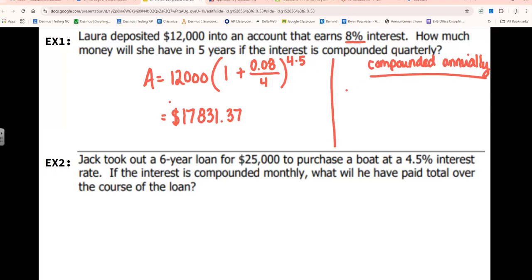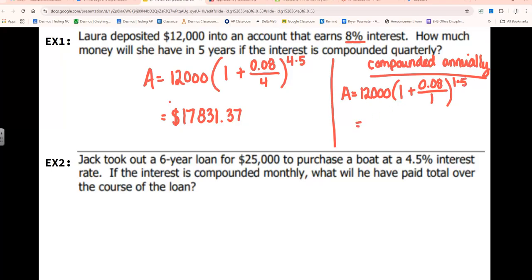Because if we use compound interest, we'd have 12,000, and we do 1 plus 0.08. And if I'm just compounding annually, how many times per year is that? It's just 1. Annually, it's just 1 time. So it would just be a 1 right there, and then I do 1 times 5.